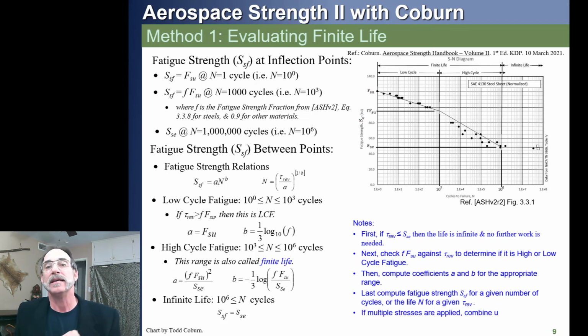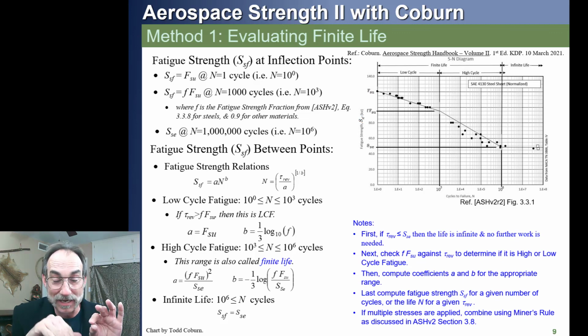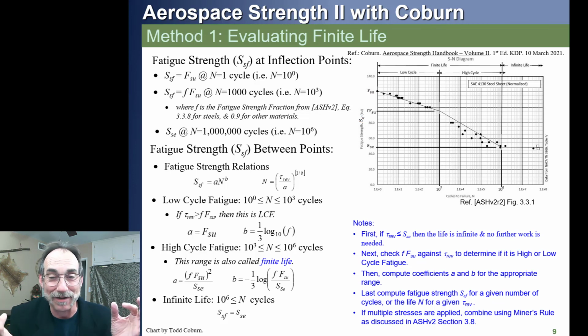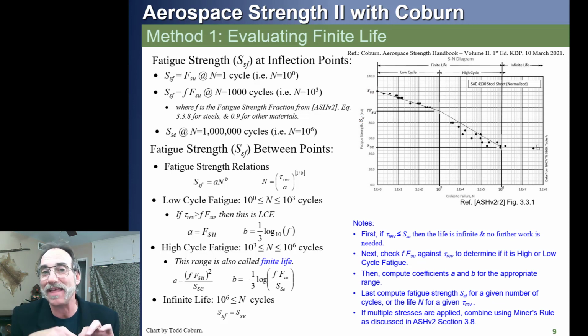That's how it works. Now, all of this has been for a single stress. Remember, this is a repeated stress, but it's a single stress level going from one value to another. If it's that same stress level repeating over and over forever, that's called a single stress state. Now, if we have different ones, like let's say it goes from 2,000 to 4,000 psi, and then it goes from 5,000 to 9,000 psi, and then it goes from +5 to -5, those are three different stress states.